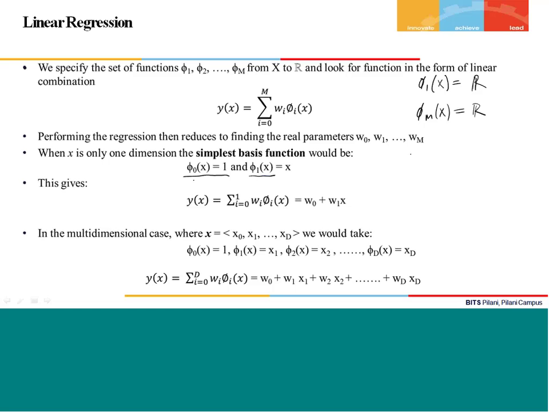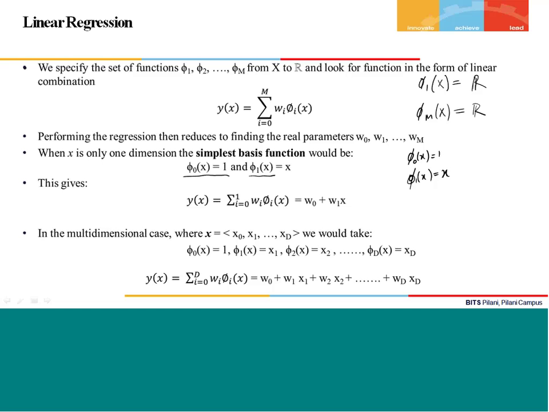This is the univariate case, where x is not a vector. It is just a mirror function: every time I give my value x, say x equals 2, it gives me back 2 only. So phi1(x) is x and phi0(x) is 1.